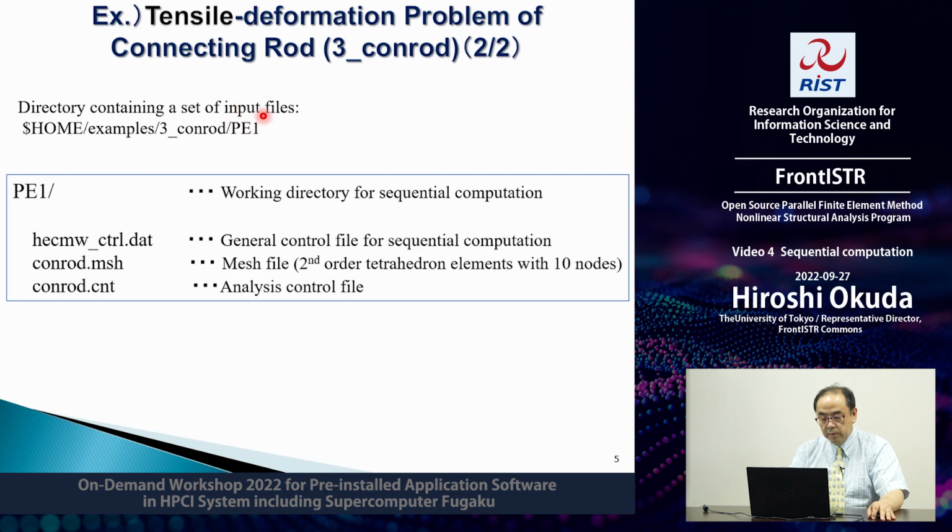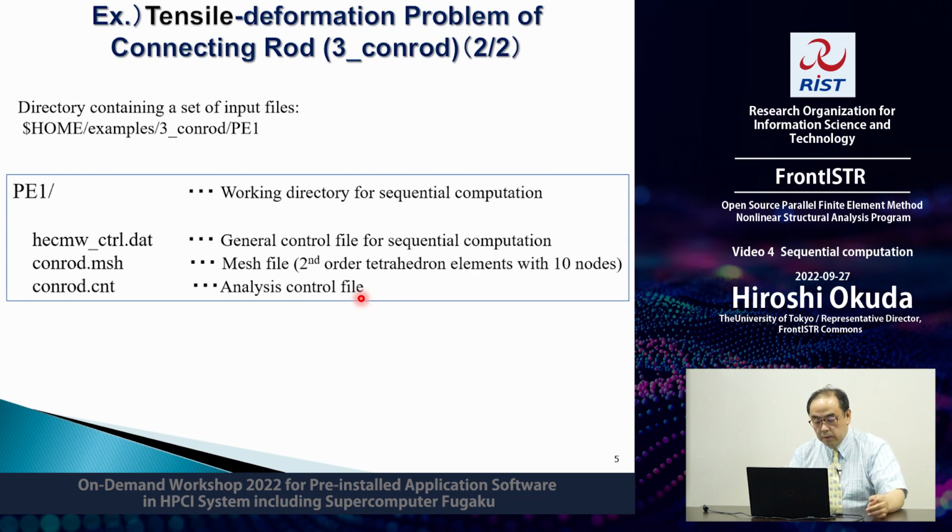You also set a subdirectory named PE1. PE1 stands for one processor. In the subdirectory PE1, you place the three input files like this: hecmw_ctrl.dat, the general information file, and conrod.msh and .cnt, which are the mesh file and analysis control file respectively.